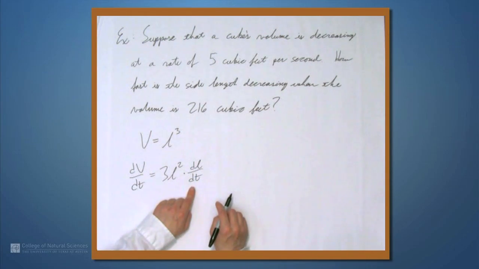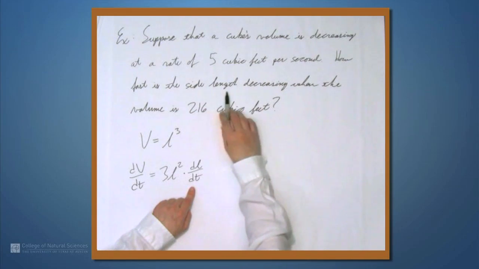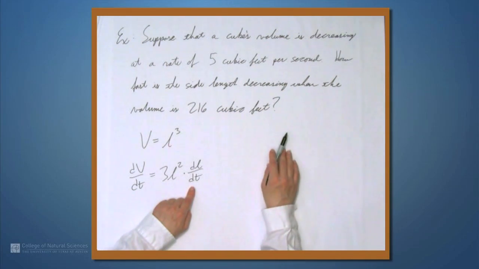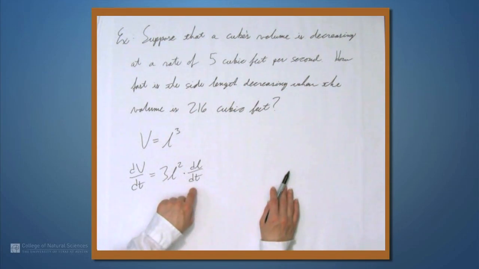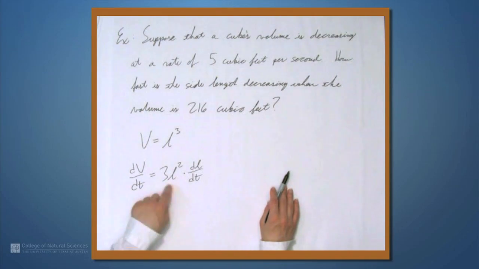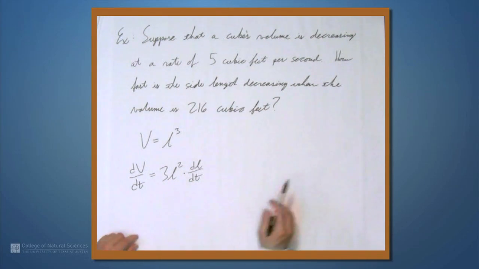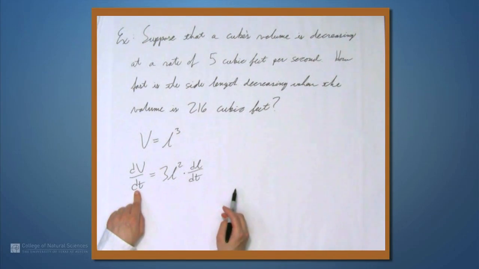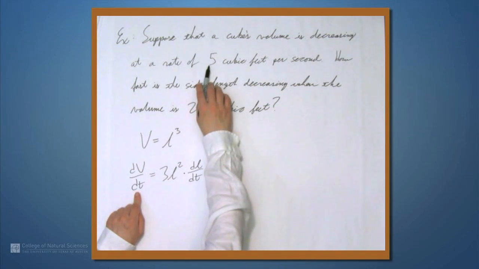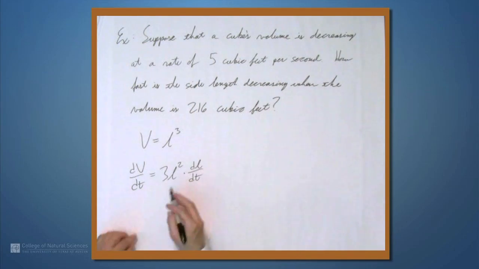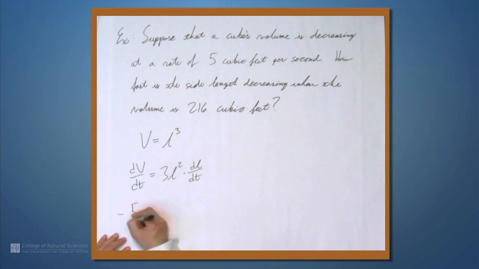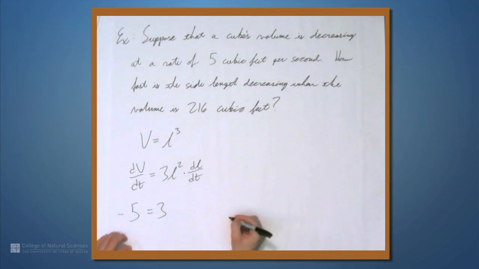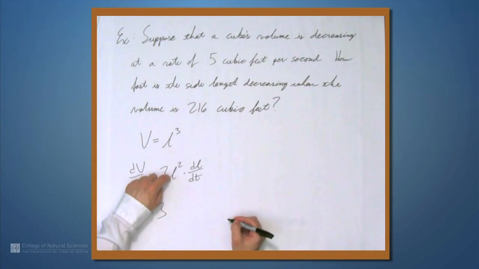This is the thing we're looking for, right? How fast is the side length decreasing? We want the rate of change of the side length. That's dL/dt. So we had better be given these other two things, and we are. Well, almost. We're given dV/dt. That's this 5. But note that it's decreasing, so we need to put in negative 5. Okay, so negative 5 equals 3L squared times dL/dt. Well, what's L?